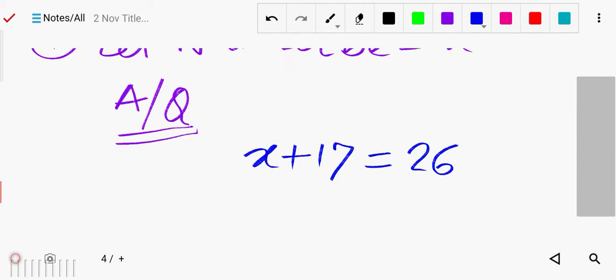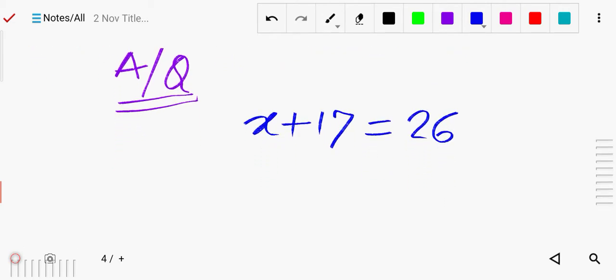Now the next step: as I told you, similar types of terms you have to keep on one side, either the left side or the right side. It means we have to transpose, or shift, the similar terms. So here 17 we will shift to the right side.